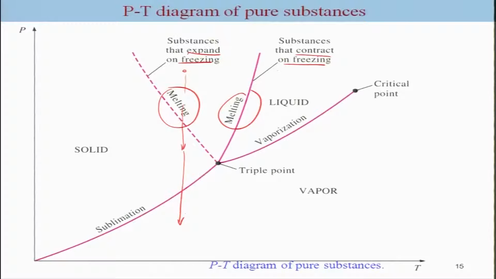On the other hand, in the case of substances which contract on freezing, you will go directly from liquid to vapor. Okay. So, for this case you have liquid to solid to vapor, whereas in this case it is simply liquid to vapor. Okay. So, the sequence of the phases may vary depending on the type of the phase diagram, which is a PT diagram. Okay.